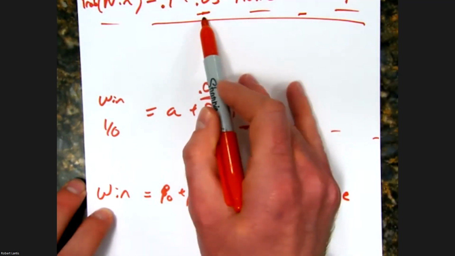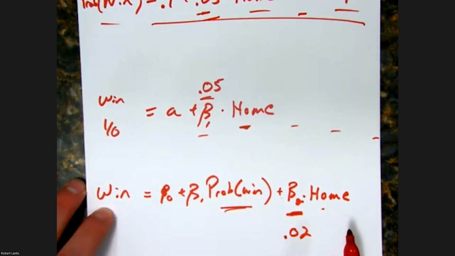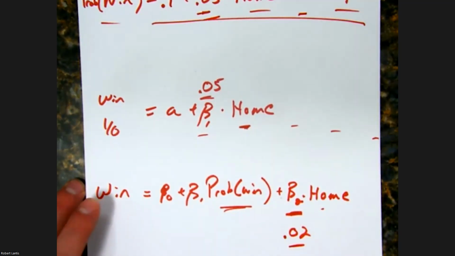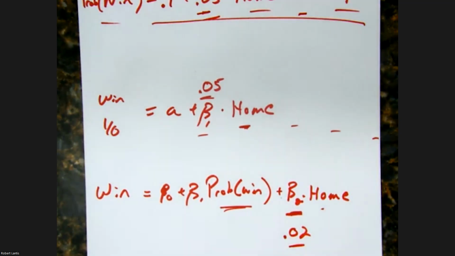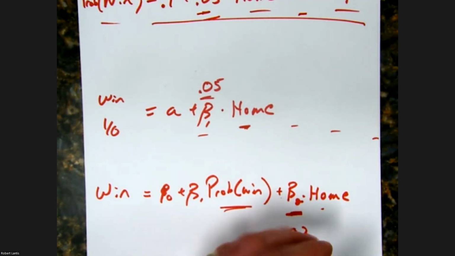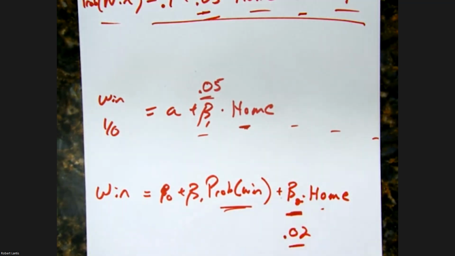They should not only be increasing it by 0.05 in terms of the predicted probability of winning, they should be increasing it by a little bit more. So if I was a bettor, I might say that most of these home teams are going to have the line set a little bit too low, or the probability of winning lower than it should be. So controlling for that probability, we're going to get hopefully some kind of interesting results.